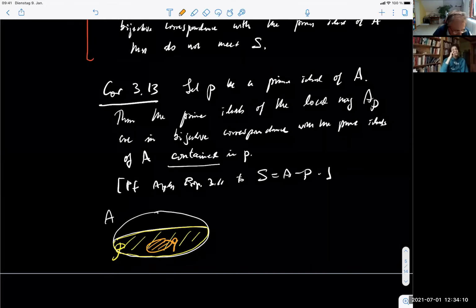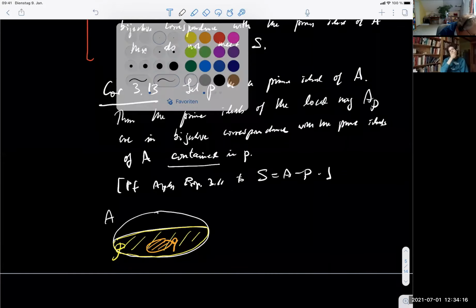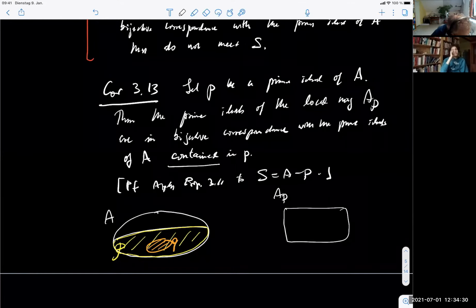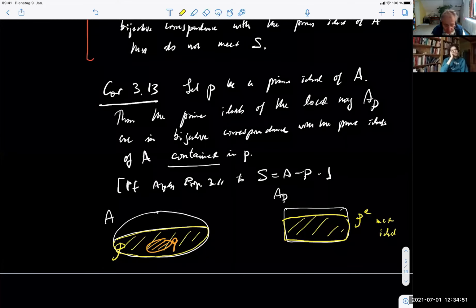Now, what happens when I localize? When I localize, certain information disappears. So this is now A_P, a cartoon of the local ring. The local ring has exactly one maximal ideal, and this is the ideal which is the extension of P. Maybe I also do it in yellow. This yellow thing will be the extension of P, and this is the maximal ideal of the localization.